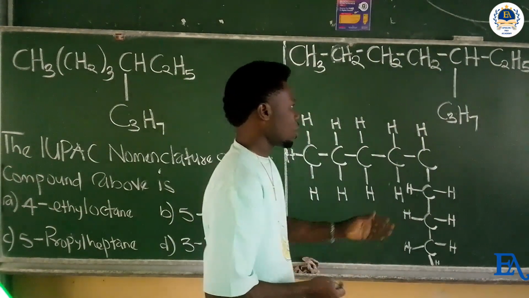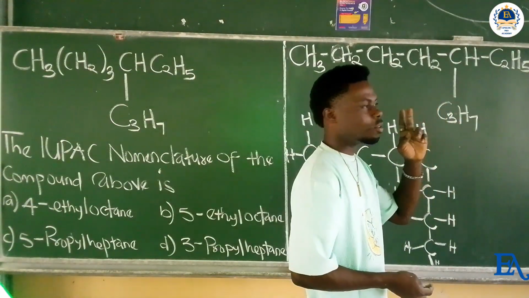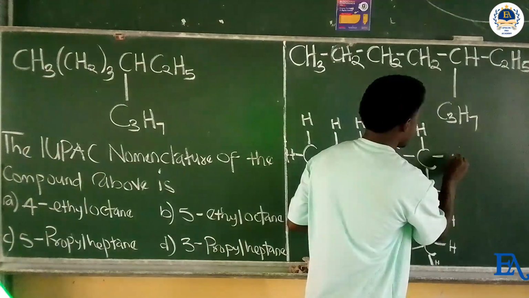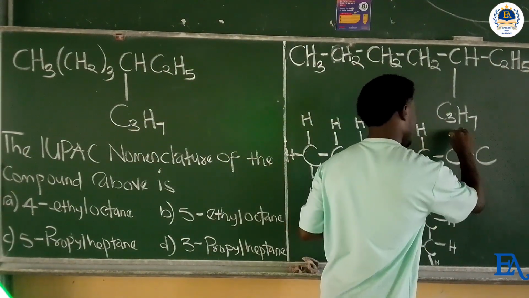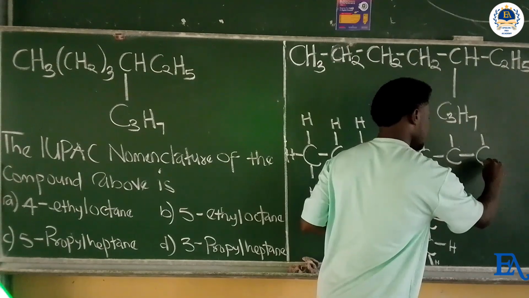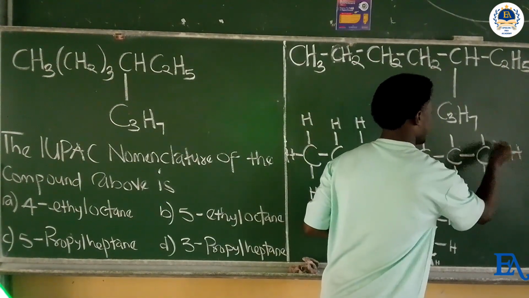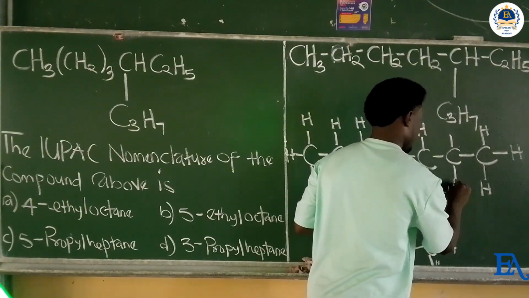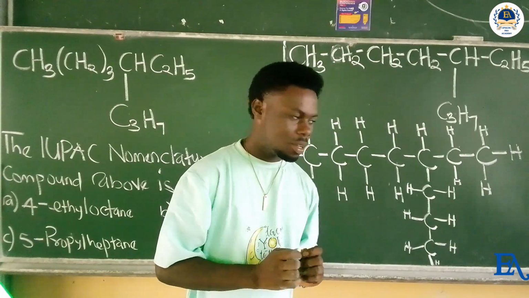Next, we have over here 2C and 5H, so 1C, 2C, with 5H. That's the second thing that must be done.